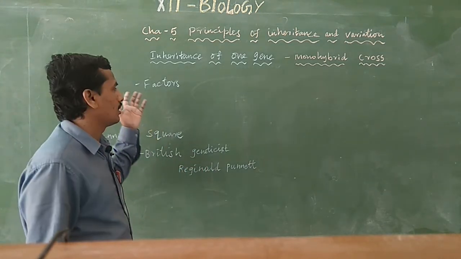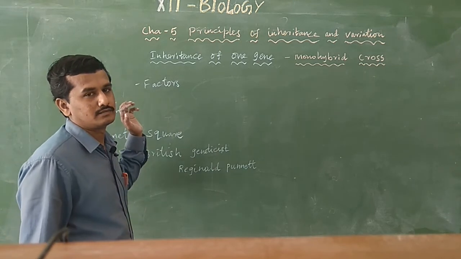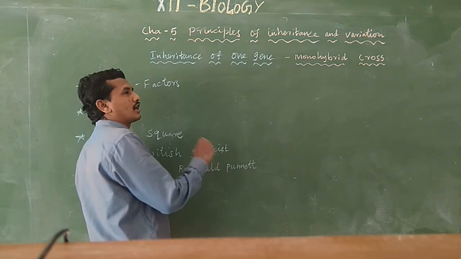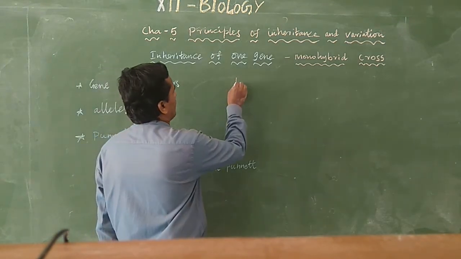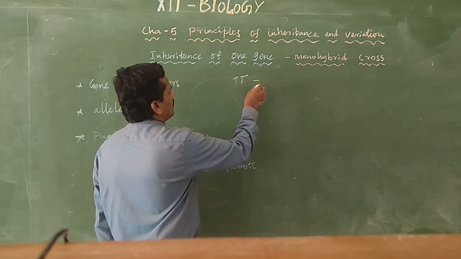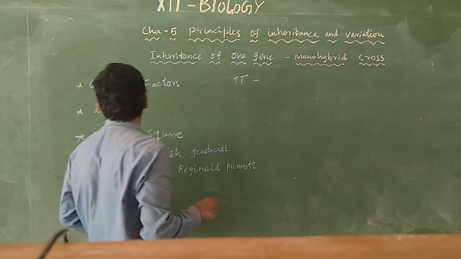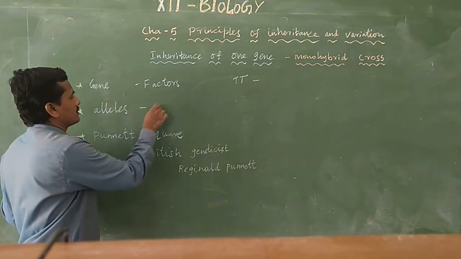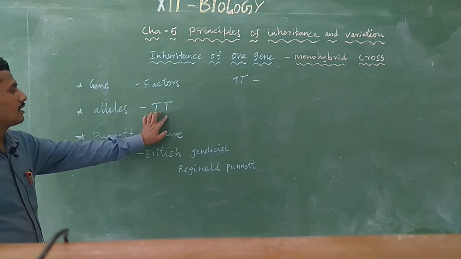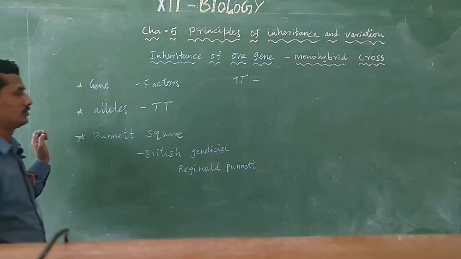Now we call the factors genes. Okay, factors are nothing but genes according to Mendel. For example, capital T. So actually this is an allele. For example, capital T is an allele. Allele means what? A pair of contrasting characters.